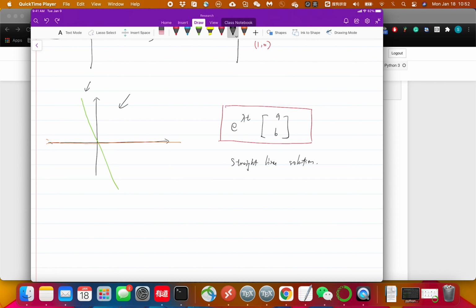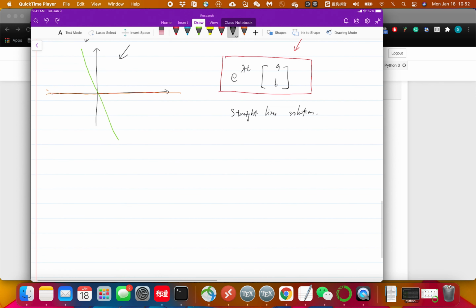Okay. Similar thing for the other straight line. Therefore, it can be written in this way. That is, you have a vector which stays all the same all the time, but you only change the size of the vector to indicate you are here, here, here, or here. Beautiful. Okay, so that's the first one. We have straight line solution.